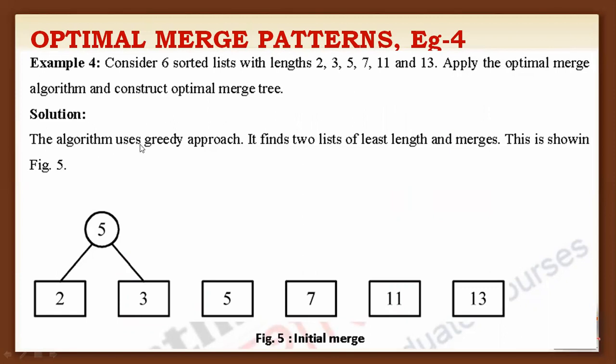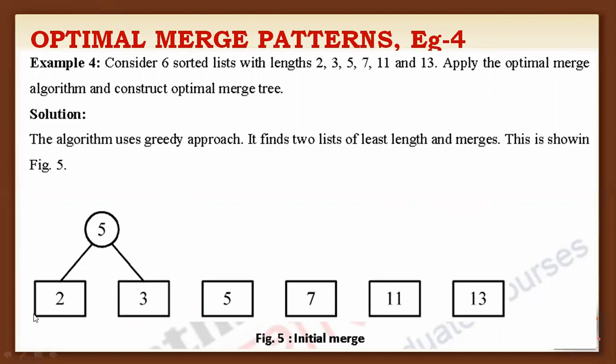The algorithm uses a greedy approach. It finds two lists of least length and merges. This is shown in this figure. So the given problem can be solved by using greedy strategy. When we apply greedy strategy to the given problem, the first concept is to arrange the files in ascending order of their file size.